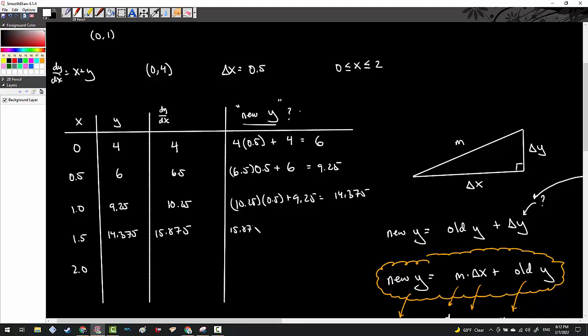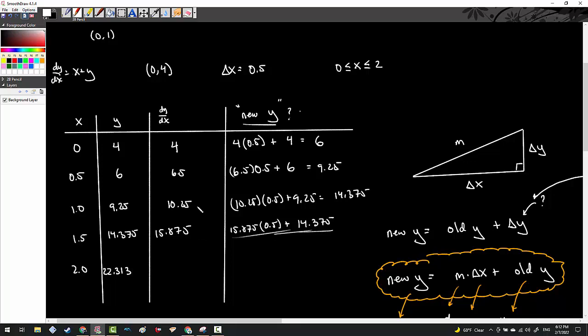So 15.875 times delta x, which is going to be 0.5, plus old y, 14.375. And then where you want to be careful is the result of this is your answer. So this ends up being 22.313.